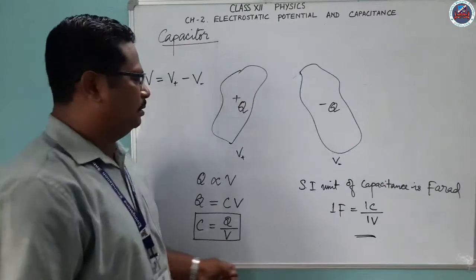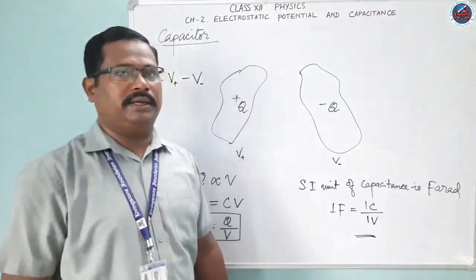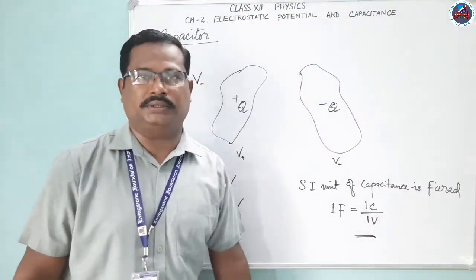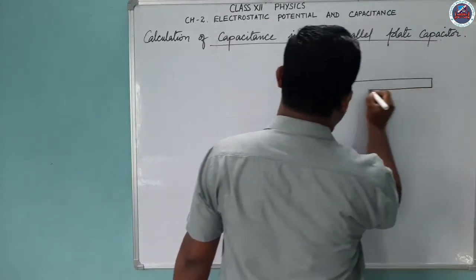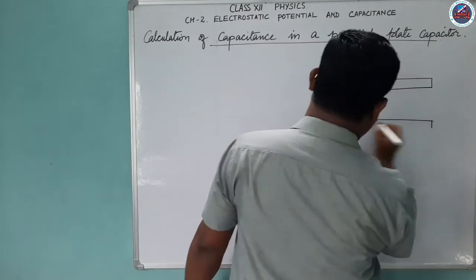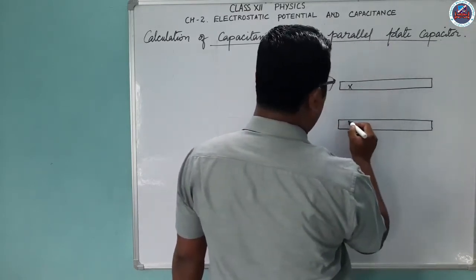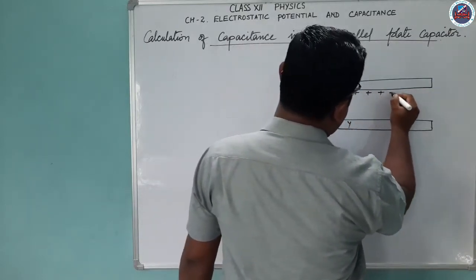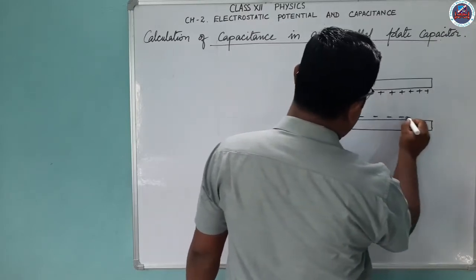Now let us see how to calculate capacitance in a parallel plate capacitor. Suppose you have two parallel plates, marked X and Y. One is given positive charge and the other negative charge.